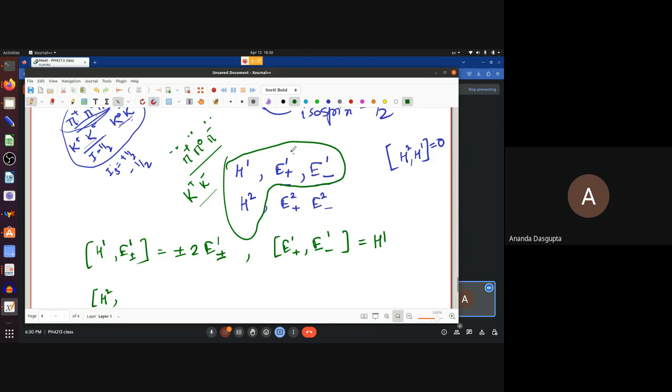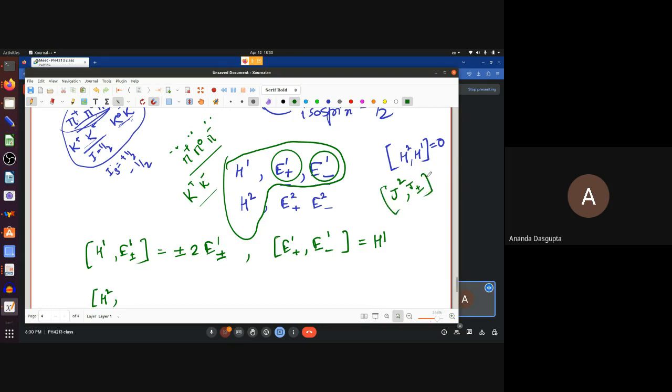Note that the only operators which can change eigenvalues here are E1 plus and E1 minus. They will change the H1 eigenvalue, but if you assume H2 commutes with them, then H2 will be essentially on the same footing as J squared is for SU(2), right? Just remember, we had a J squared which commutes with J plus minus. And what does J plus minus do?